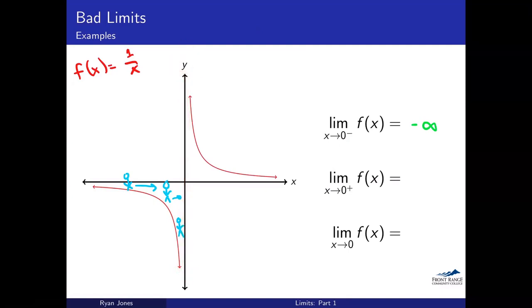However, if I flip this around and approach from the right-hand side, if I'm here and I approach that 0 from this side, and I get closer and closer, I actually tend towards positive infinity, right? I go up and up and up. I follow this function and I just keep going up and up forever.